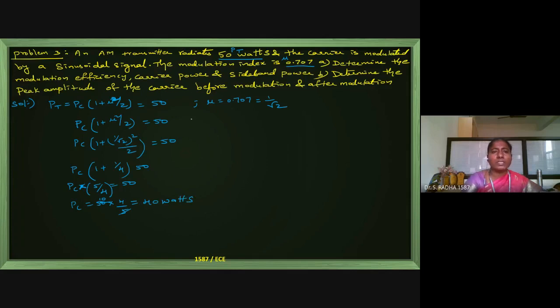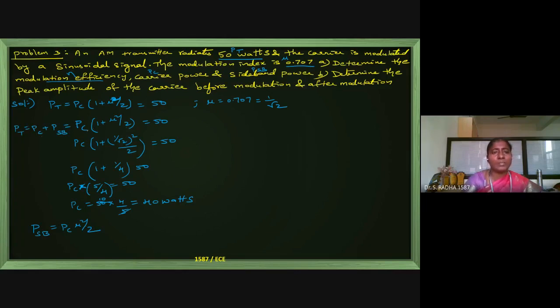What they are asking is first the modulation efficiency, eta, then carrier power PC, and sideband power PSB. We have completed carrier power. Now sideband power PSB is PC into mu square by 2, because total power is carrier power plus sideband power, that is PC into 1 plus mu square by 2.